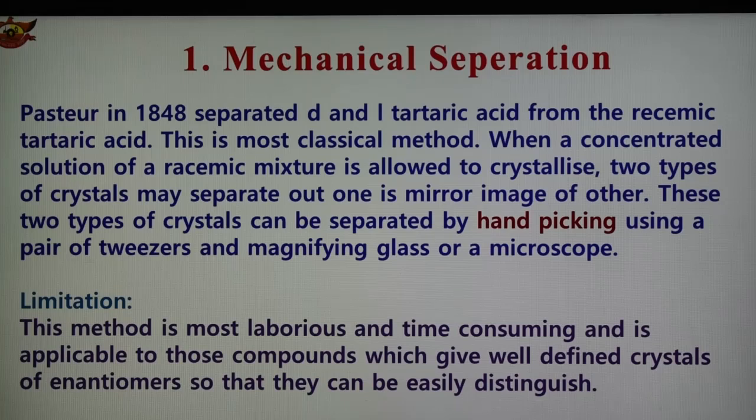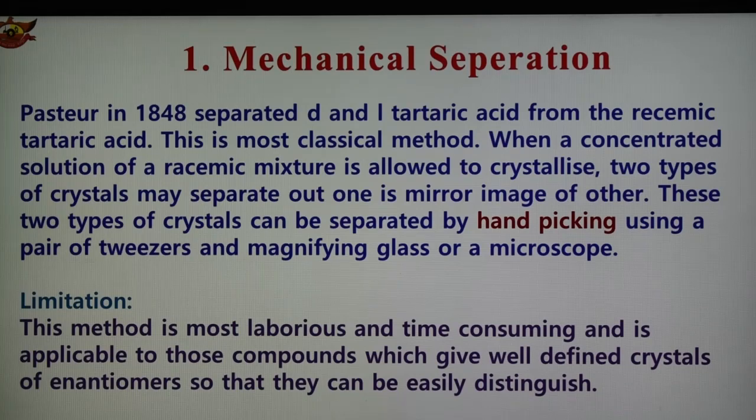When a concentrated solution of racemic mixture is allowed to crystallize, then two types of crystals get separated. One type of crystal is a mirror image of the other. These two types of crystals can be separated by hand picking. It is a simple method using a magnifying glass or microscope or pair of tweezers.